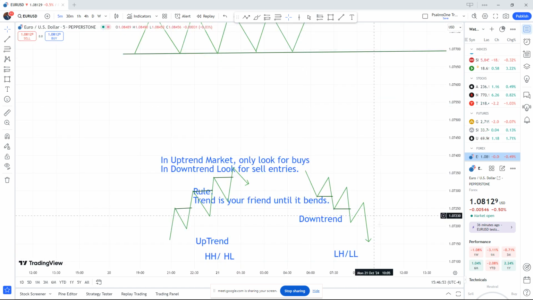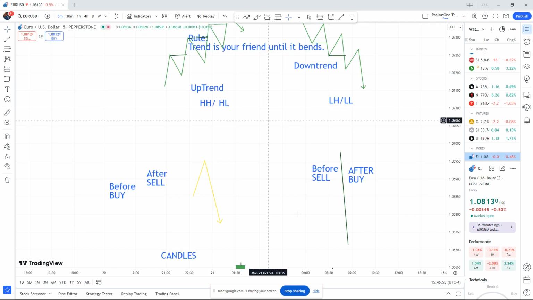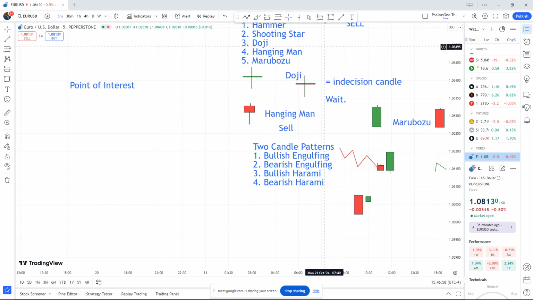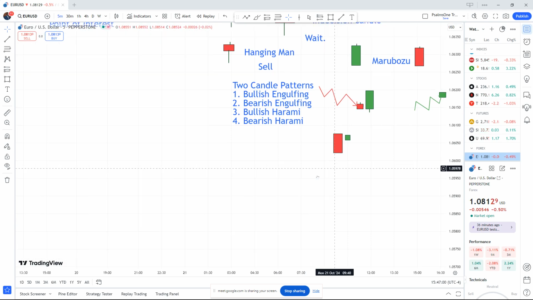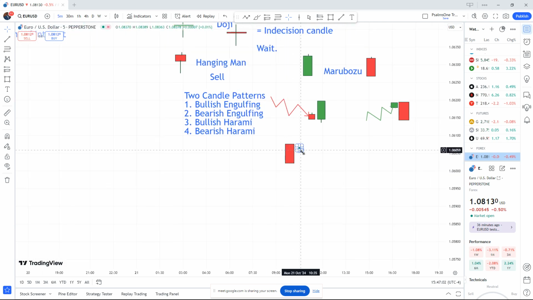Sometimes you see the candles ranging with almost the same size, then all of a sudden one has an extraordinary body, bigger than the rest.